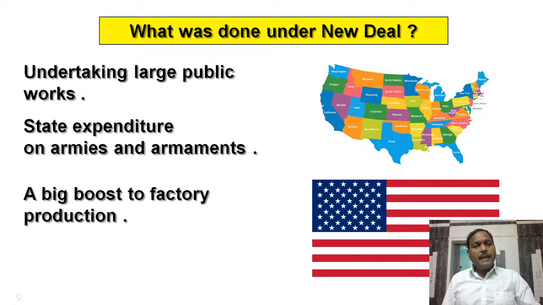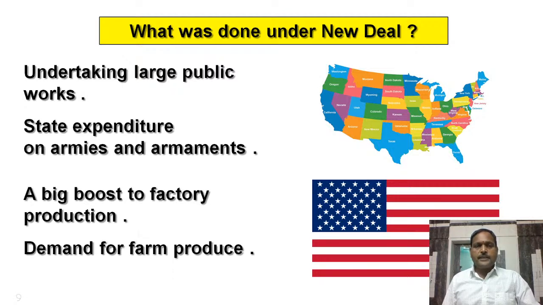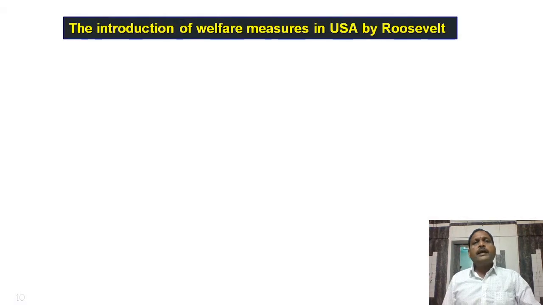So it made a big boost for the factory production. Of course, with the factory production increasing, what happens? The persons who work in the factory get wages or salaries. So automatically the demand for farm produce rose, and the agriculturists also got profits. Hence, in this way, with the New Deal policy, they got rid of the Great Depression.